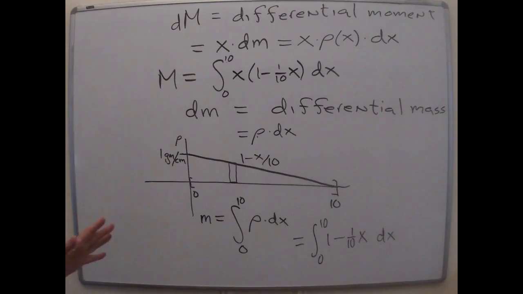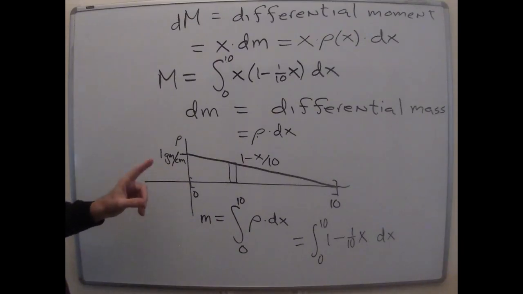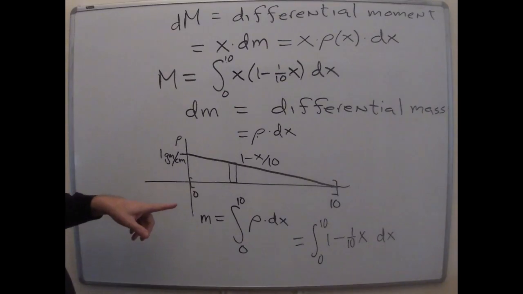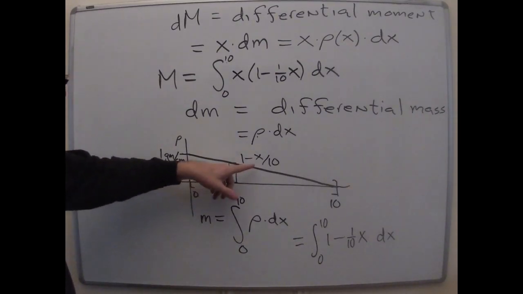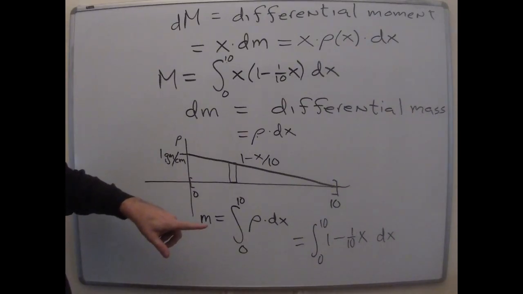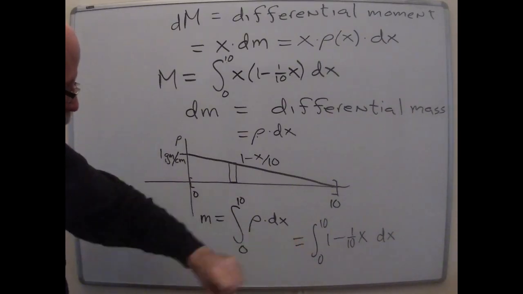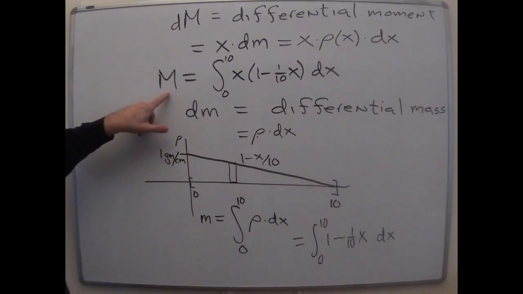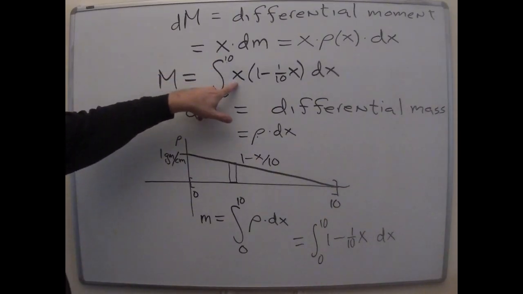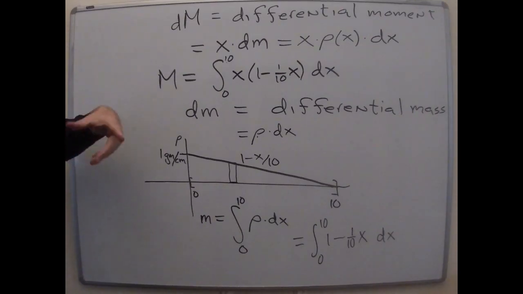So we're actually in a position now to literally calculate the center of gravity of that triangle. Somewhere along its length, you have this density function. If you integrate that density function, you find the mass. Then we're going to need to also integrate x times the density function to get the moment.